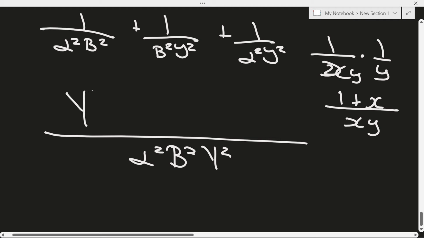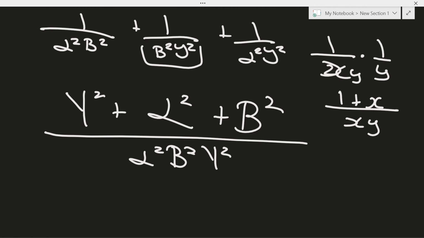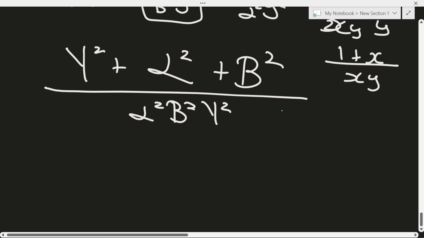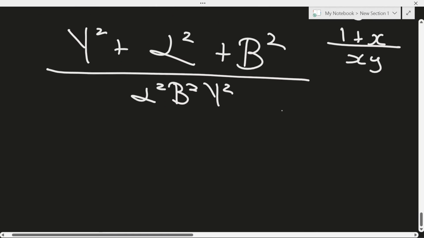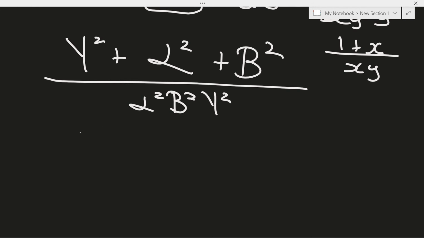So alpha squared beta squared into alpha squared beta squared times gamma squared goes gamma squared, plus, I'm going to move a little bit faster now because I hope you're following, right? And we know how we can solve this now. Because if we have alpha squared plus gamma squared plus beta squared, there's a formula for this.